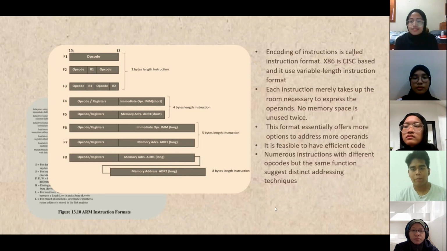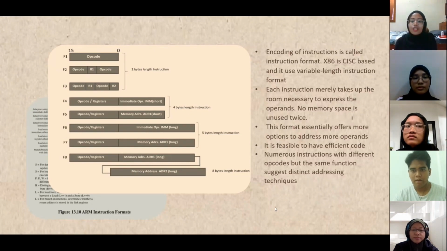So X86 uses a variable length instruction format. Each instruction merely takes up the room necessary to express the operand. So operand is the data to be operated on. It contains information, and no memory space is unused.